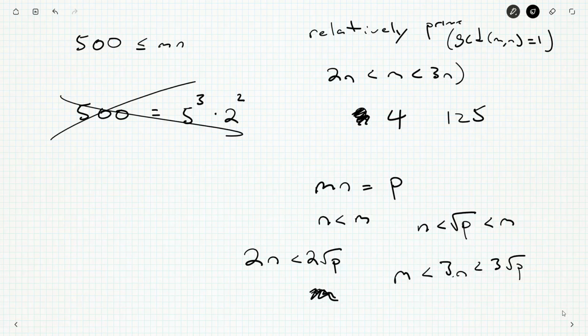Well, hold on. Let's just say something to the effect of, if m has to be less than 3 root p. Yes, by the way, I know that I could just do 501, 502, but for all I know, the answer is going to take all the way up to something like 518. So I'm trying to do this in a smarter way. But on a contest, if time crunches hit, then okay, they hit, and you've got to take your best guess or something like that.